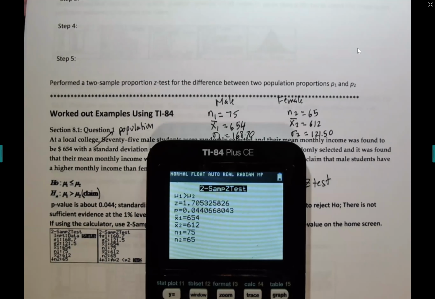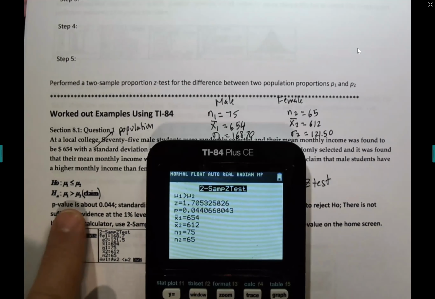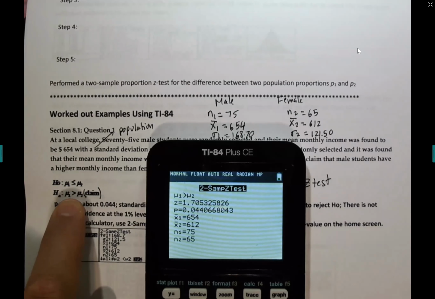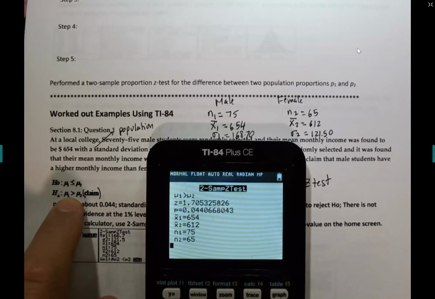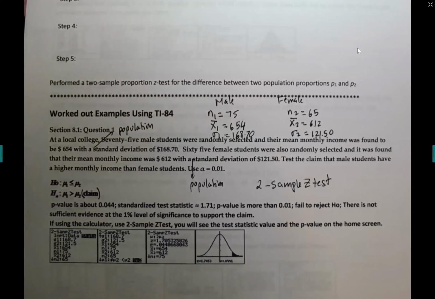If I make more than you, that means you make less than me. So yes, you have to switch the sign. You will have to do less than. Because if the male make more than the female, that means the female students make less than the male students. So if you switch it, you will get the same results.